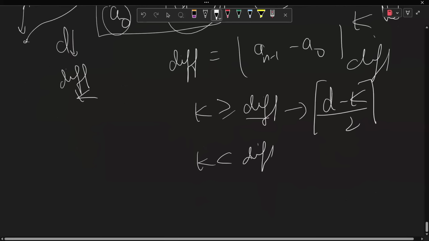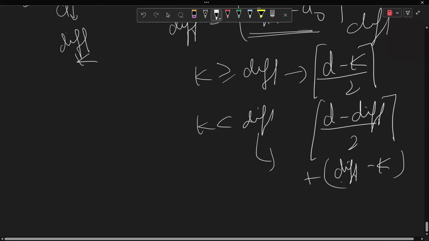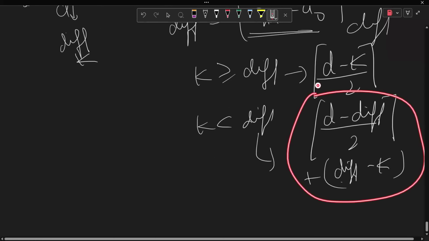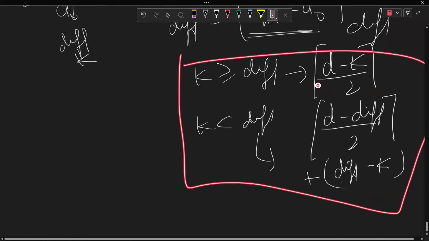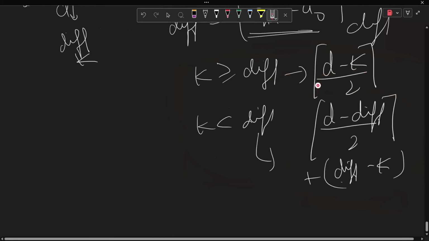When you have to go below this diff, till this you would move in steps of 2, so d minus diff, and after this for diff minus k you would move in steps of 1. So this would be your answer for this else case. You can just divide it in two parts. Once you have calculated this d, k and diff through this if else and this formula, you can write your final answer. Okay.